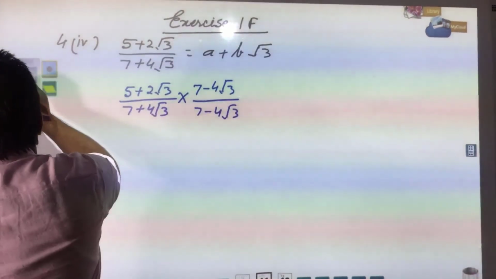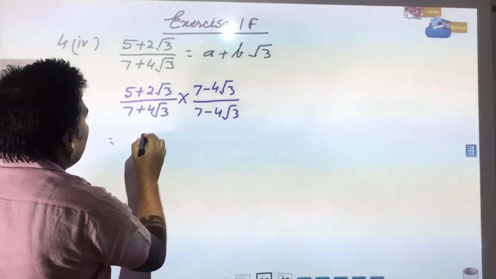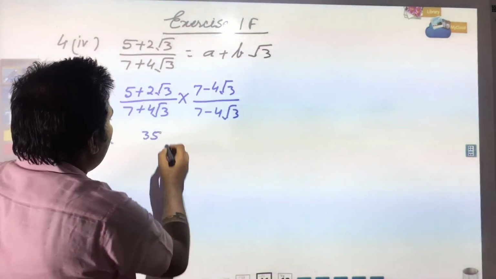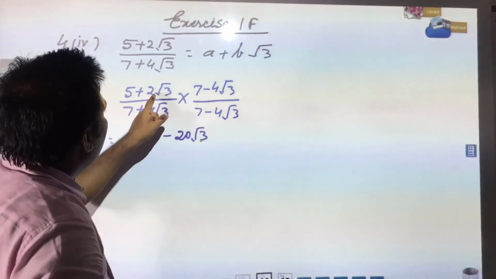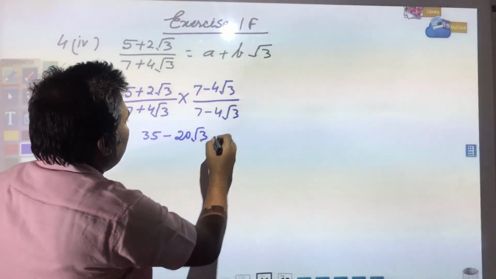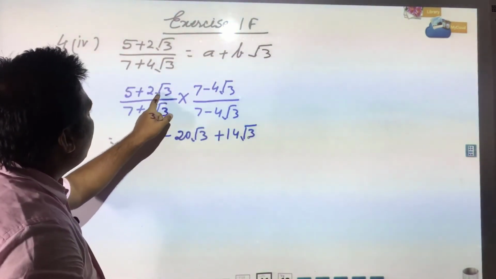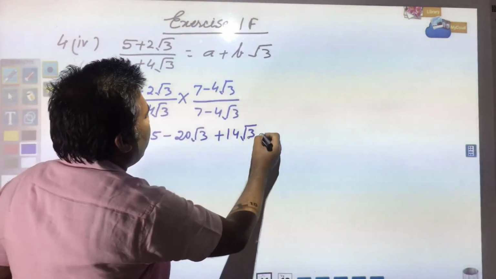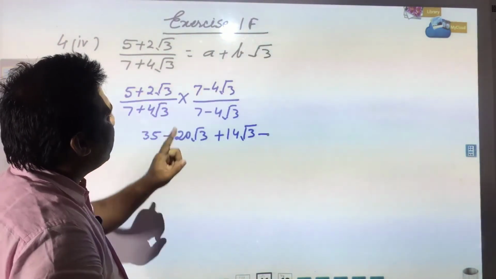Here you see 5 into 7 is 35, 5 into 4 is 20, and root 3, 2 root 3 into 7 is equal to 14 root 3, 2 root 3 into 4 root 3, if we multiply, plus into minus, that will be minus 8, and root 3 into root 3 is equal to 3.